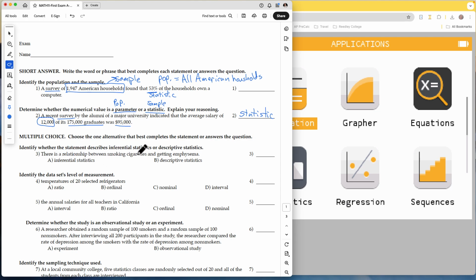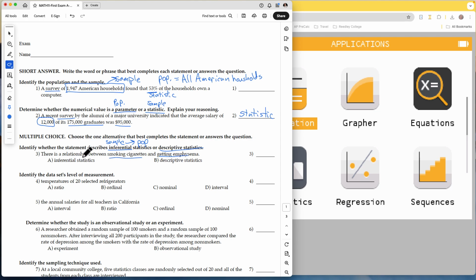Identify whether the statement describes inferential statistics or descriptive statistics. Inferential, go from a sample to a population. And descriptive statistics are dealing strictly with numbers within a sample. There's a relationship between smoking cigarettes and getting emphysema.